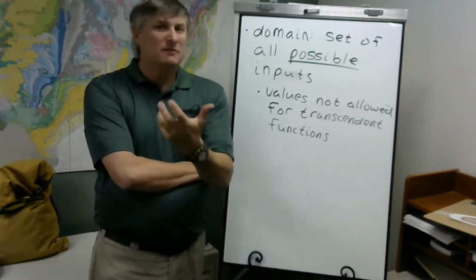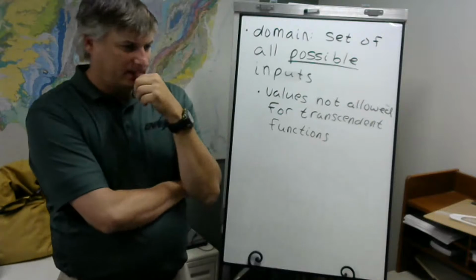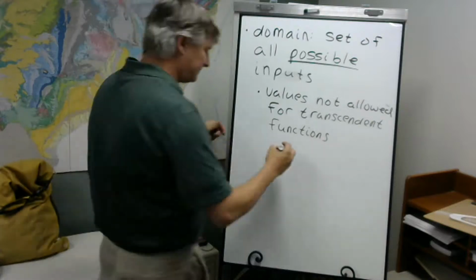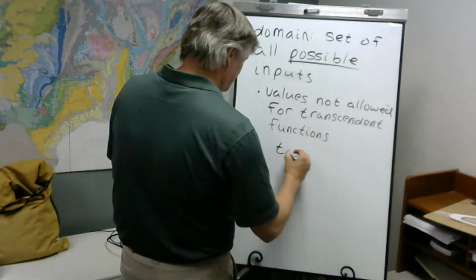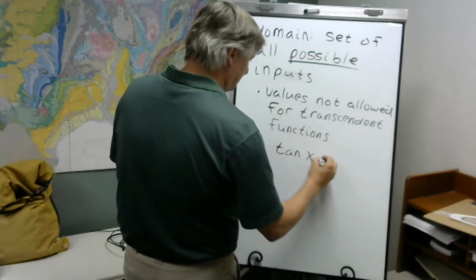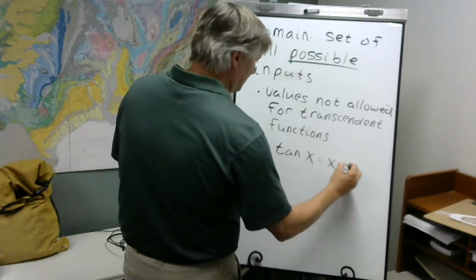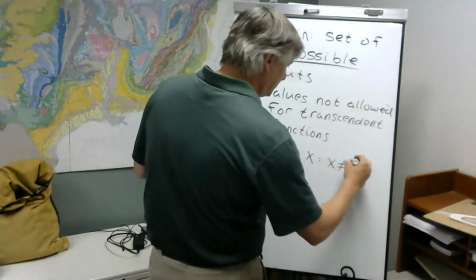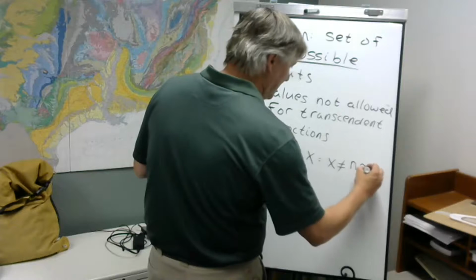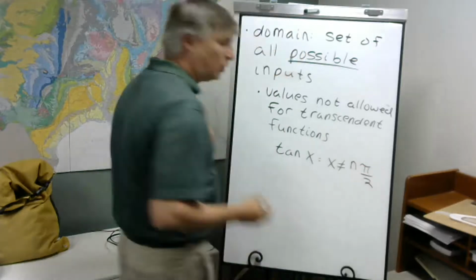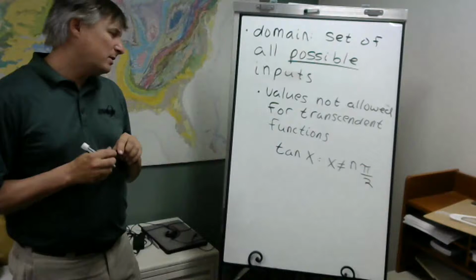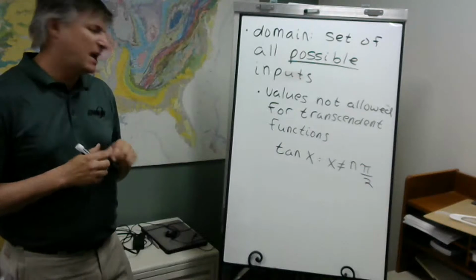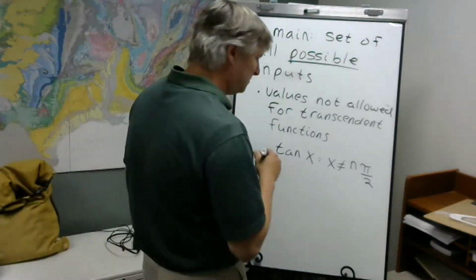So transcendent functions, these are things like tangent, the tangent of x. So in this case, x can't be multiples of pi over 2, whole number multiples.